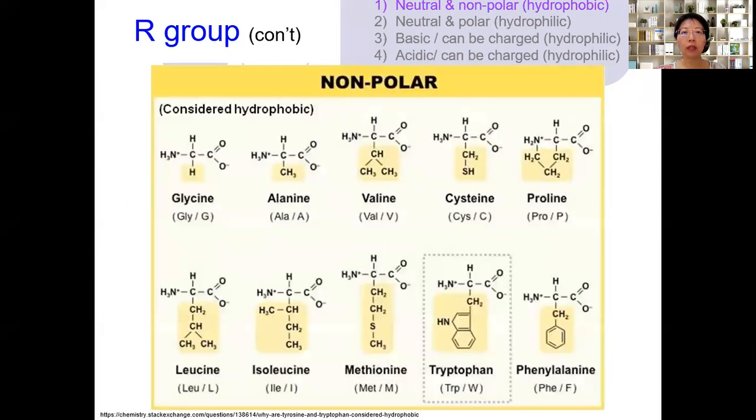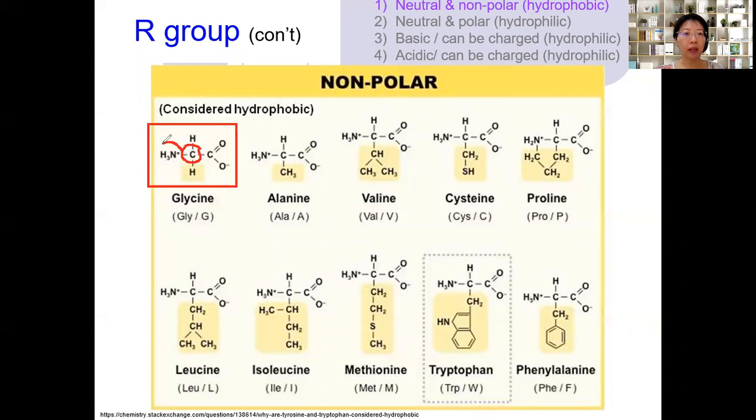So the first group is neutral, non-polar. Non-polar means there is no uneven distribution of charge. Overall, it's a hydrocarbon skeleton arranged in chain form or in ring form. So you can see that over here, this overall is the amino acid. This is the central carbon, right?